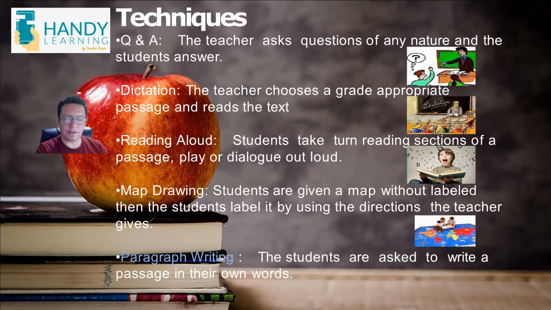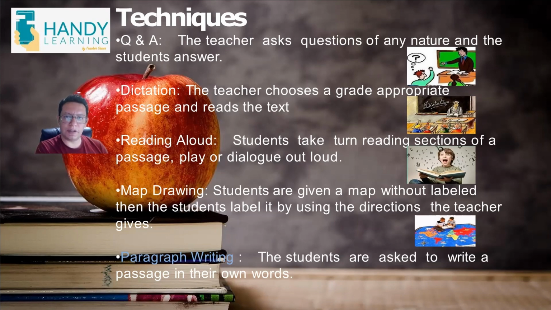Reading aloud: having the students read one by one a certain passage that the teacher has previously selected, and students may read either one by one or just half of a group, and the teacher will decide how to do that, but it needs to be a loud reading.